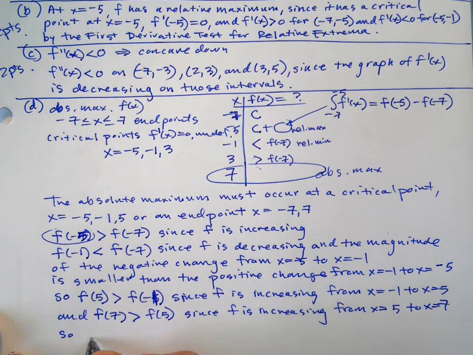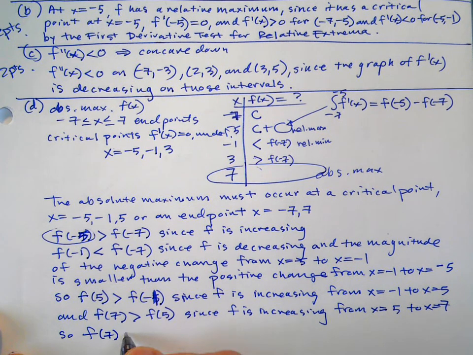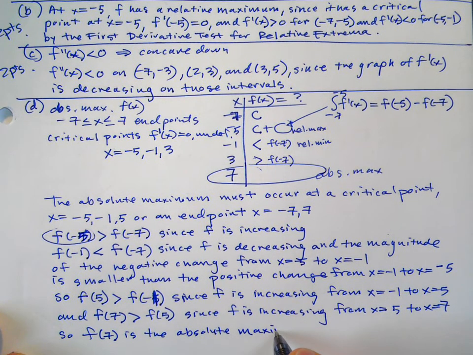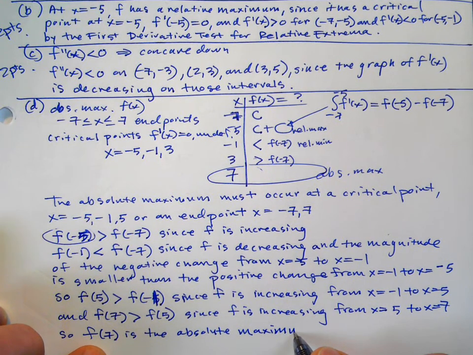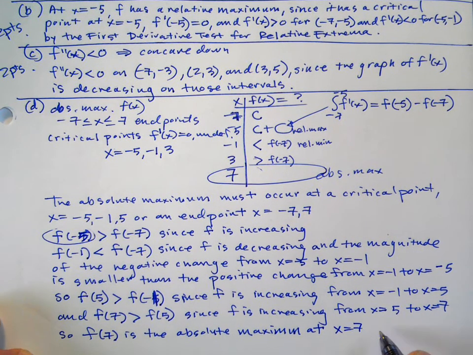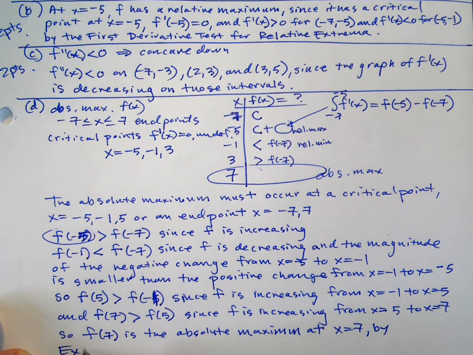So f of 7 is the absolute maximum. This is the absolute maximum value, and the location is at x equals 7, by the extreme value theorem. Maybe we should mention that. We already kind of mentioned the guts of it.